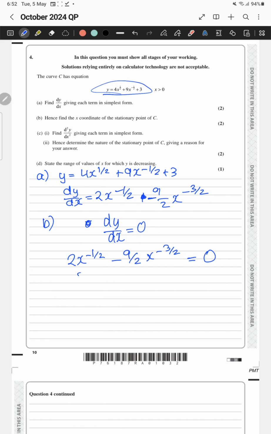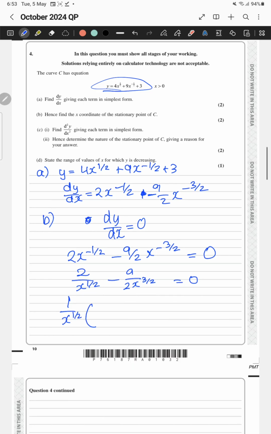Now I can rewrite this as 2 over x to the power of half minus 9 over 2 x to the power of 3 over 2 is equal to 0. What we can do here is take a common factor of 1 over x to the power of half.